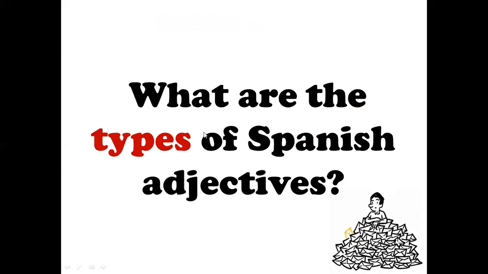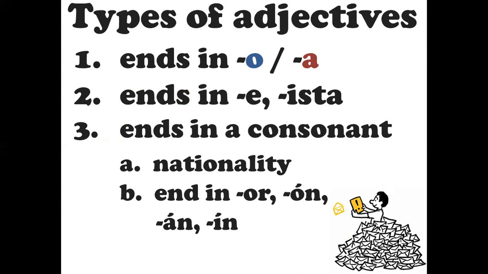So let's talk about the types of Spanish adjectives so we can talk about how to change them to match nouns. So there are basically 3 types, you could say 5. The first one ends in an O or an A. These are the easiest ones to match. 2, those that end in an E or ista, all right?